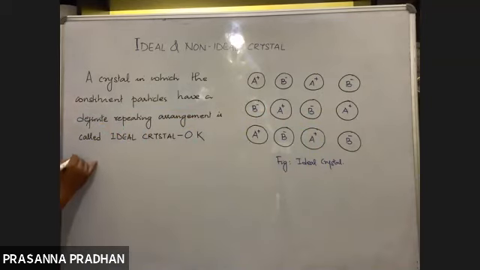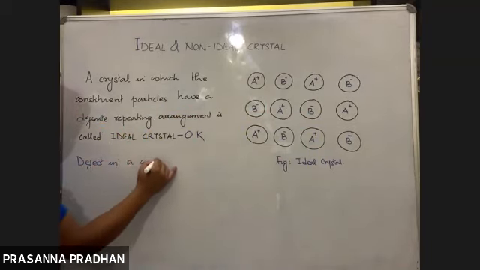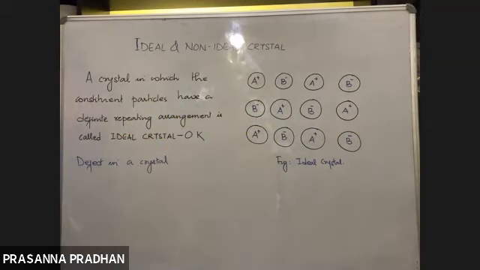Write this down, second. Defect in a crystal, also called imperfections. I'm telling you, they are called imperfections and also defects.